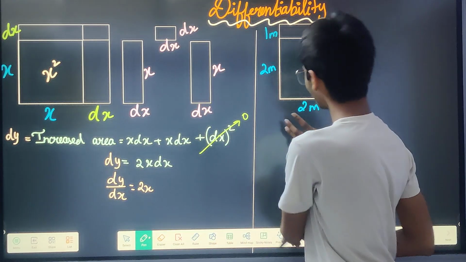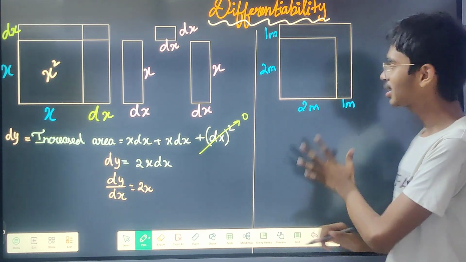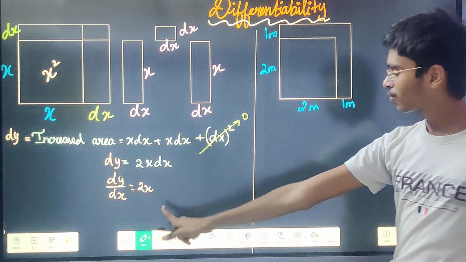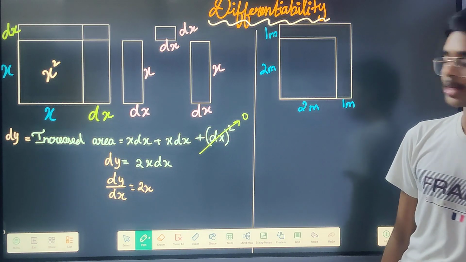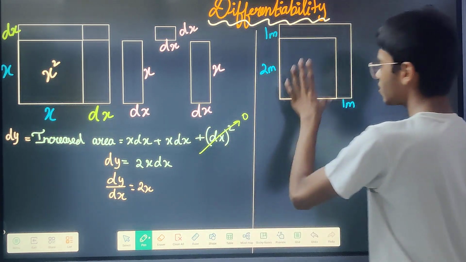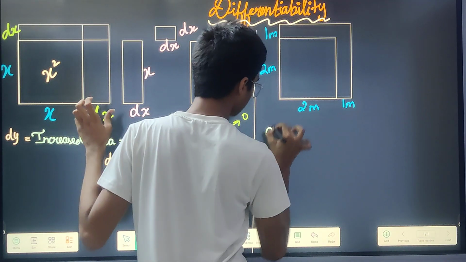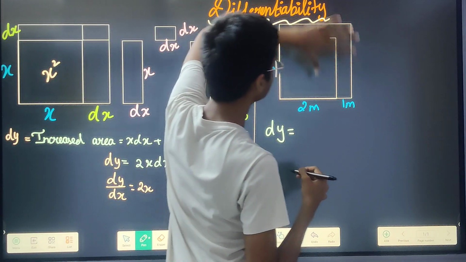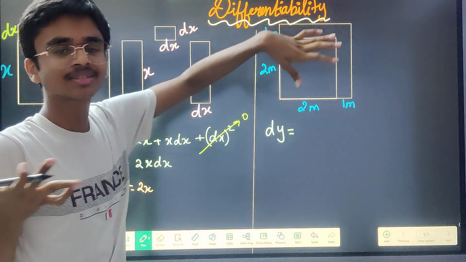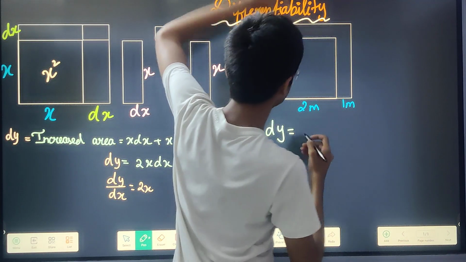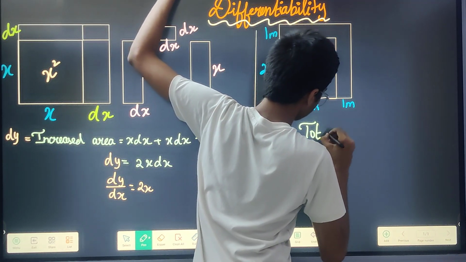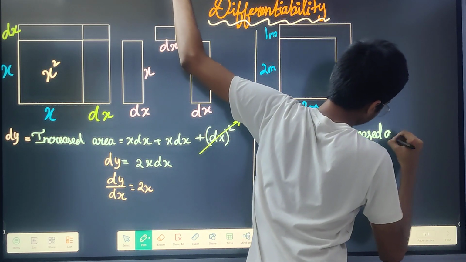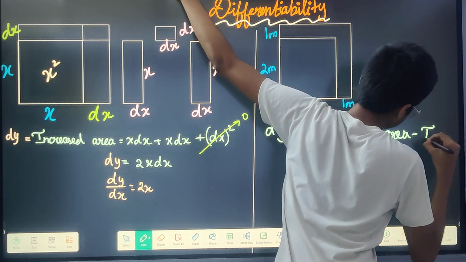First we will use a general or mathematical method, that is we will calculate using these numbers, then we will calculate using this formula. So the actual length, first what was, then dy is equal to the total increased area minus initial area.